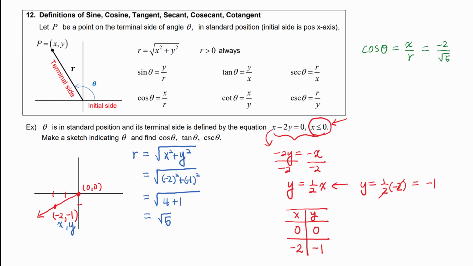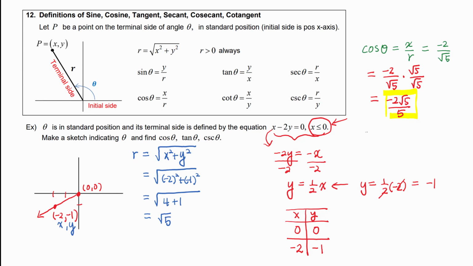But we would not like to have a radical in the denominator, so simplify: it is negative 2 over radical 5. We multiply by radical 5 over radical 5, and you get negative 2 radical 5 over 5. Cosine theta is negative 2 radical 5 over 5.